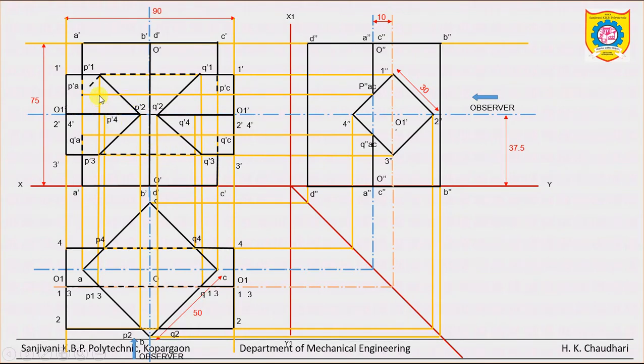And then join P1 to PA. See, I already explained P1, okay, PA. Here also we can observe 1 to PA inclined intersection. We have made it hidden here because again this part we can observe due to the 1 2 face.